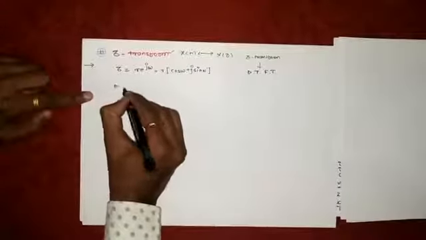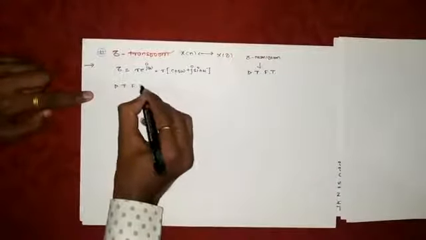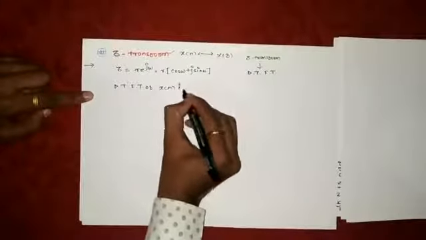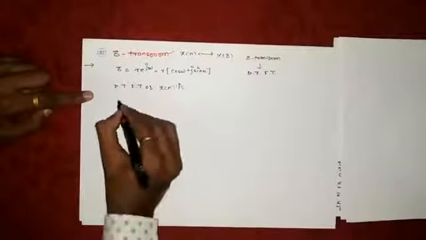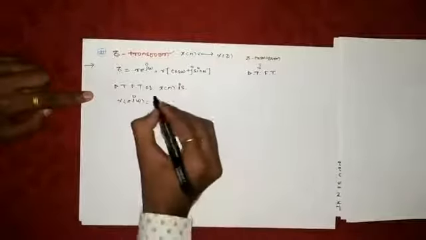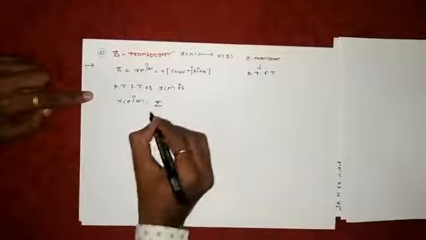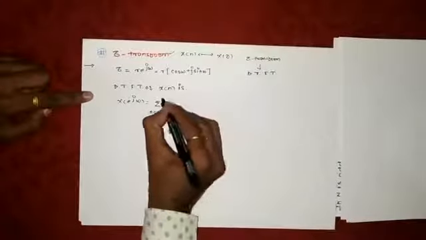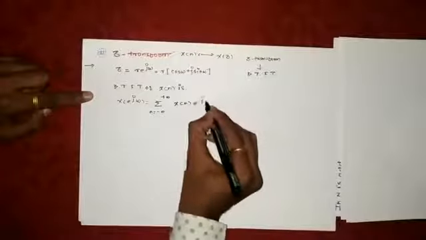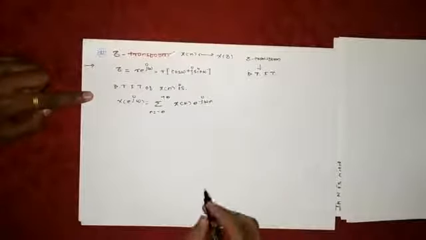Basically, the discrete time Fourier transform of x of n, we generally denote as x of e raised to j omega, is equal to summation from minus to plus infinity of my input signal x of n into e raised to minus j omega n.